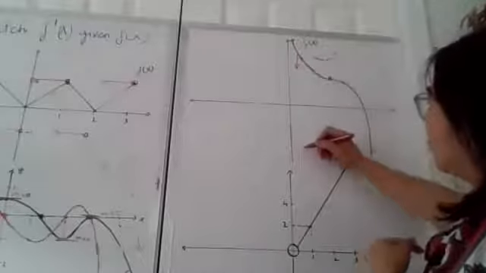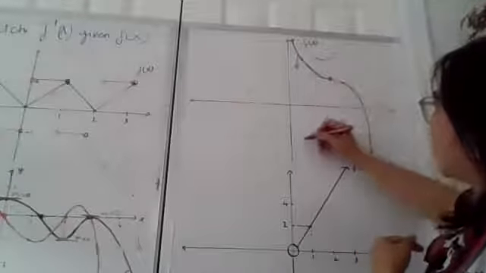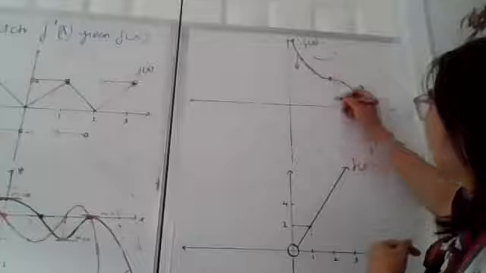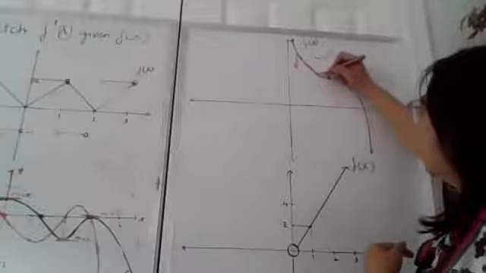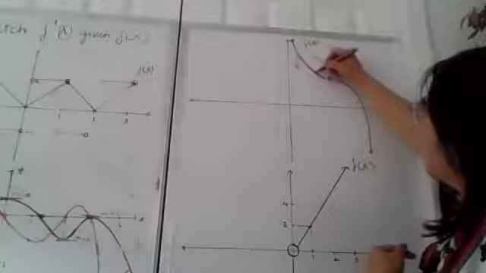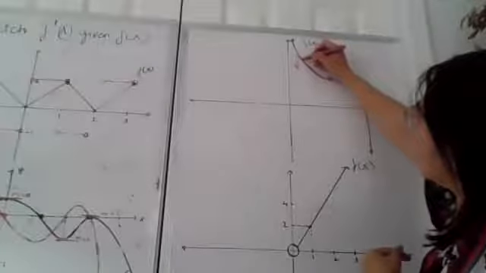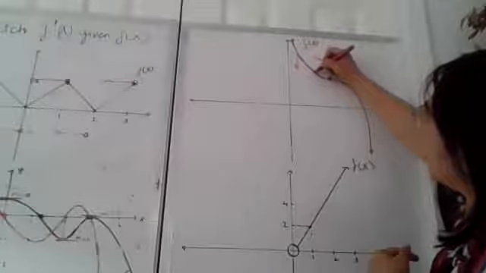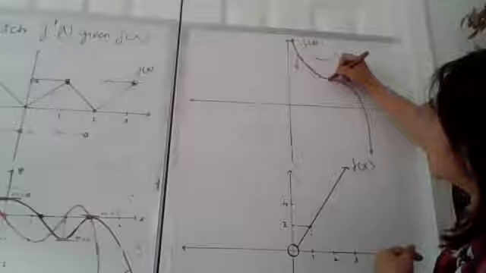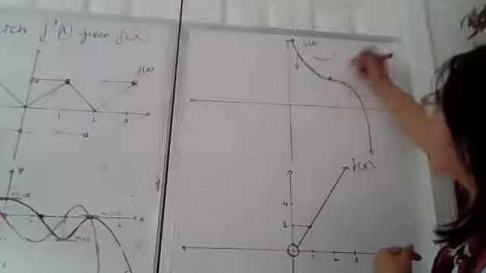So the function is decreasing, so we have a negative slope. At this point, the slope is decreasing, but then it slightly increases up to 0, right?